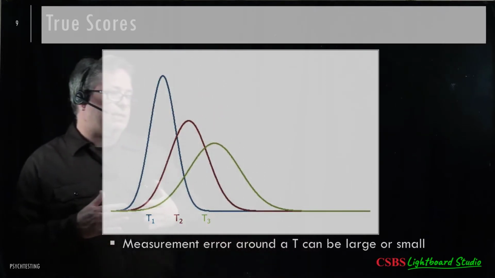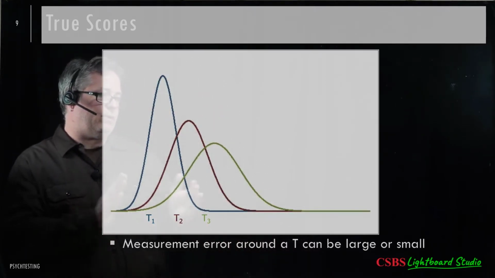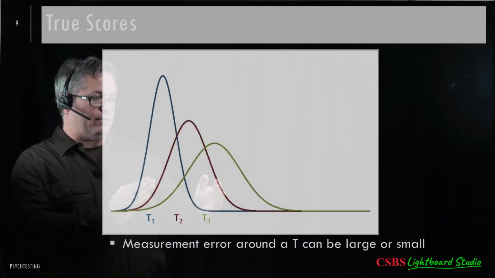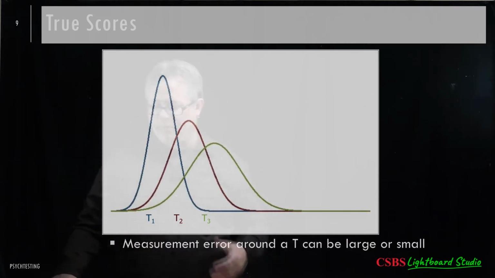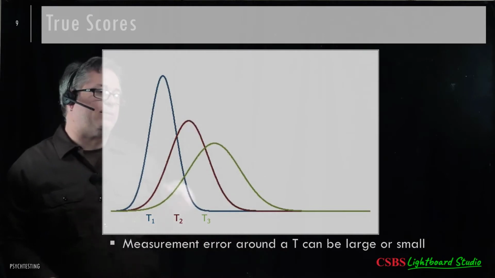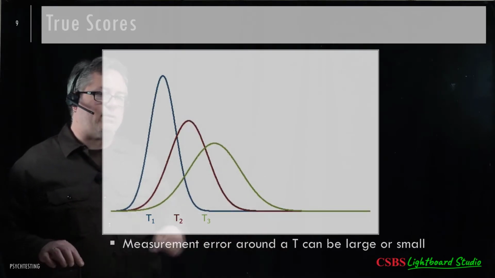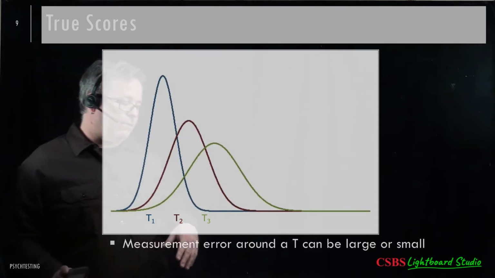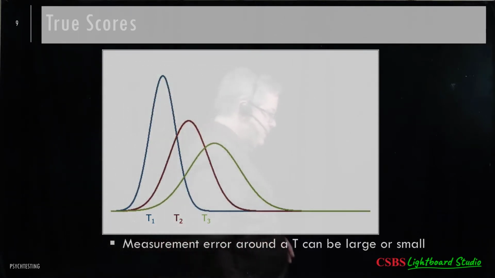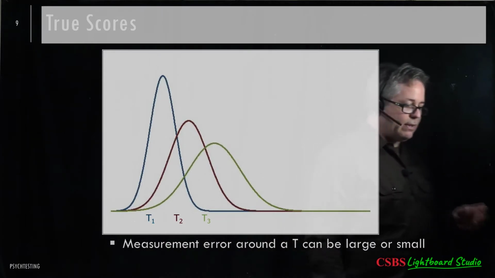But your test can vary a lot. You could have very little measurement error, or a ton of measurement error, and it comes down to trying to figure out what's really going on. Trying to find the true score becomes more difficult the more error there is. So we're trying to reduce the amount of measurement error in scales so that we can have an easier time identifying that true score.